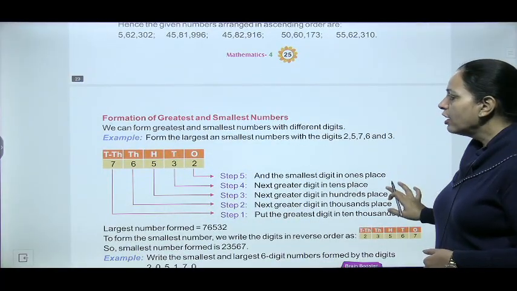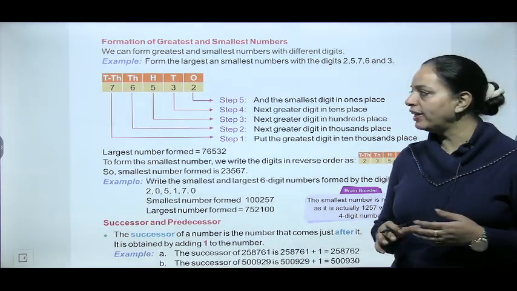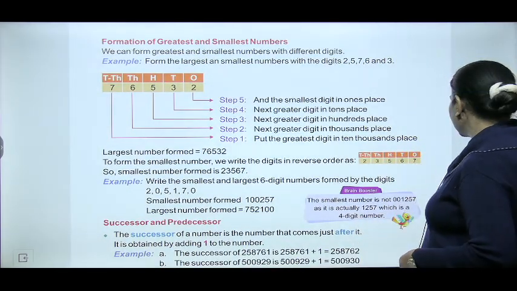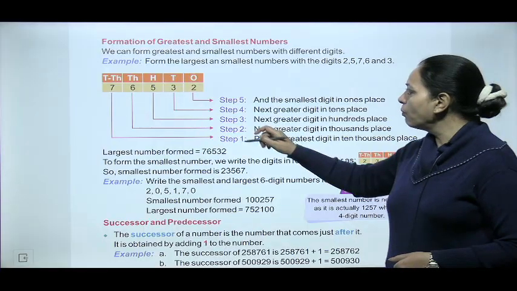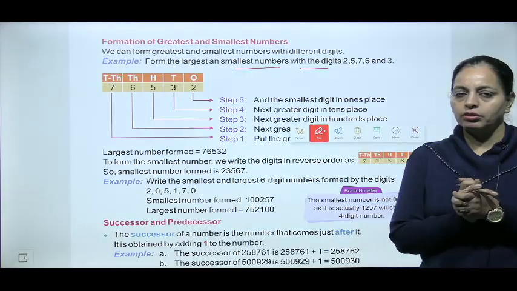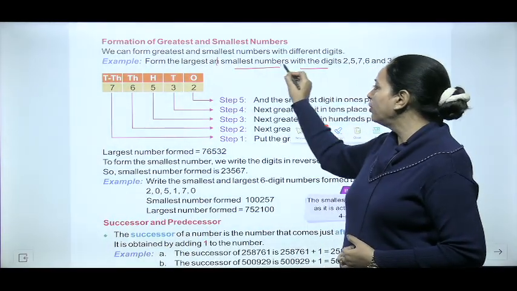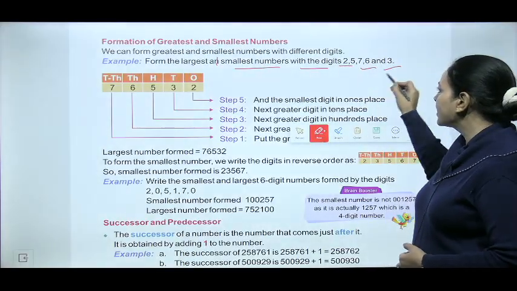Very interesting. Now formation of greatest and smallest numbers. We can form greatest and smallest numbers with different digits. See the example, form the largest and smallest number with the digits 2, 5, 7, 6 and 3.